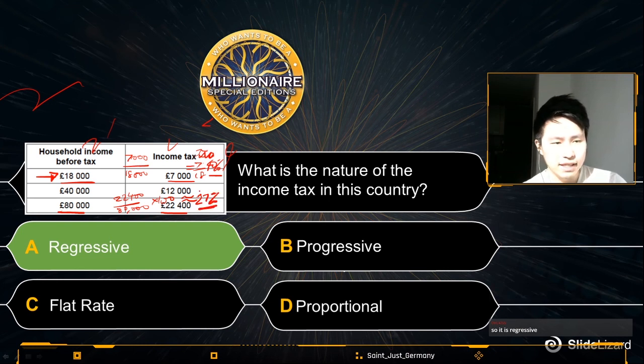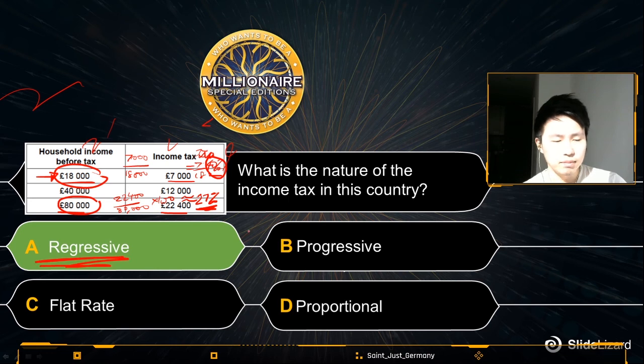So we can see that the higher income household, or the wealthier, is actually paying a lower percentage of their income in terms of taxes compared to the lower income household, which is paying a higher percentage of their income. So this is what we call a regressive tax.